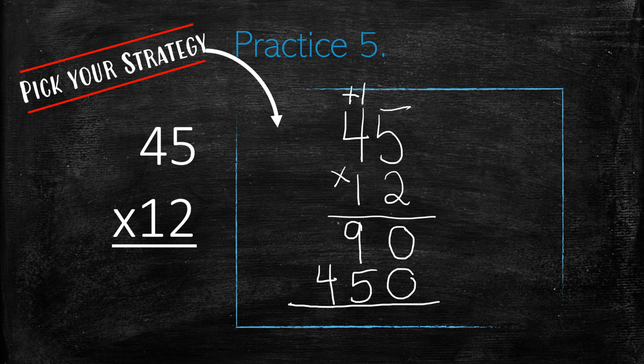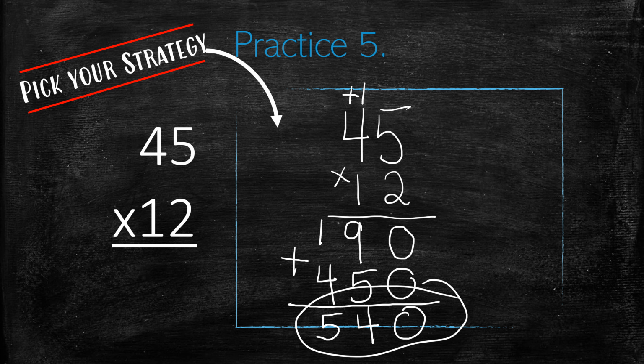So now we're ready to add. 0 plus 0 is 0. 9 plus 5 is 14. I'm going to put my 4 down and then put my 1 on top of the 4. And then 1 plus 4 equals 5. And then my final answer is 540. All right. So that's how you would do it if you were doing standard algorithm.